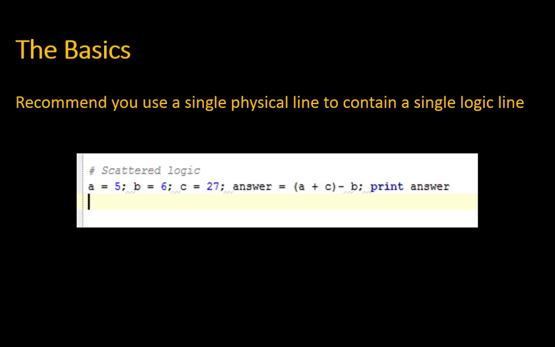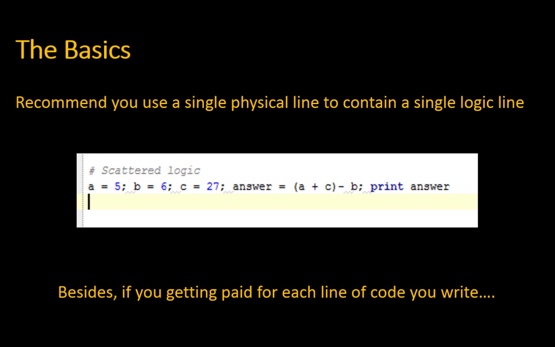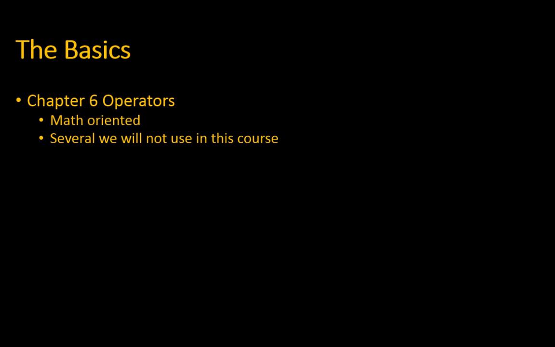I highly recommend you subscribe to this coding convention. Besides, I've had several contracts where you're paid for each line of code you can justifiably create. So this one piece of wisdom could make you all rich sometime in the future.